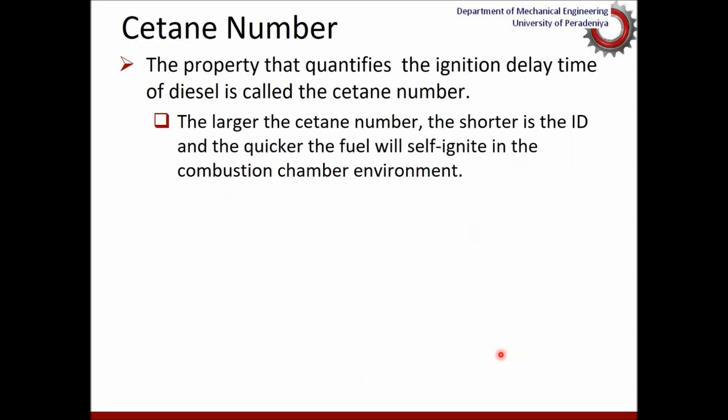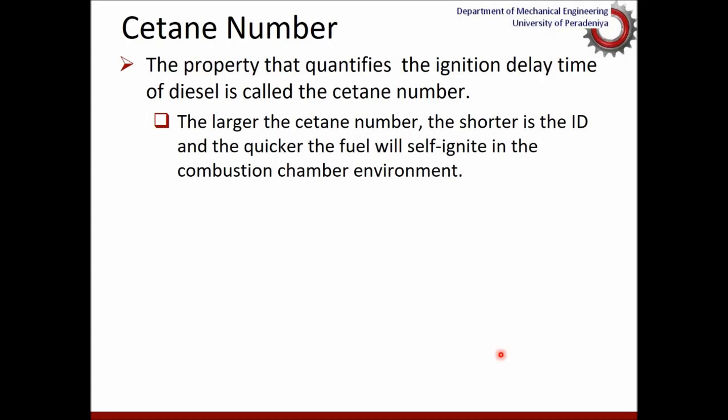And now we discuss octane number when we talk about petrol combustion or gasoline combustion. Whereas in diesel combustion, there is something called the cetane number, which describes mostly the ignition delay of a particular fuel.